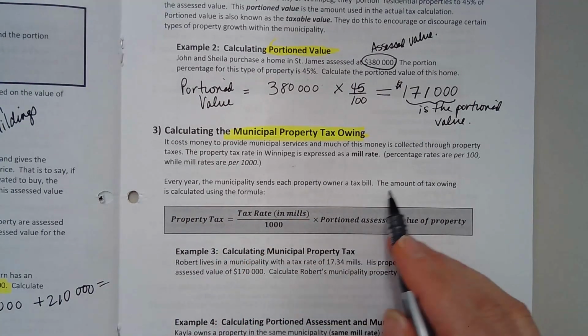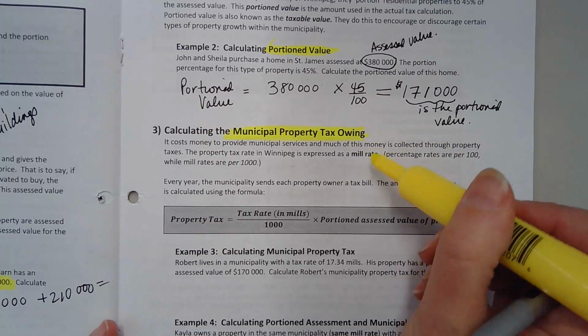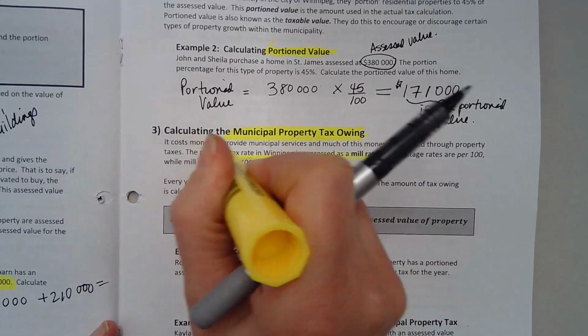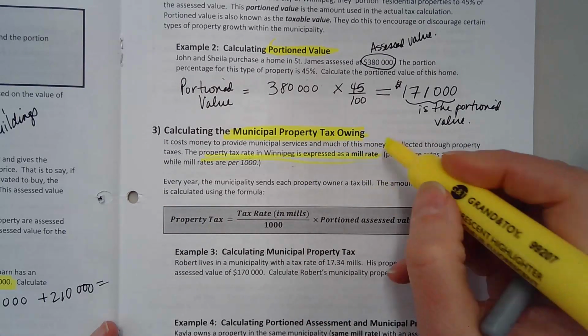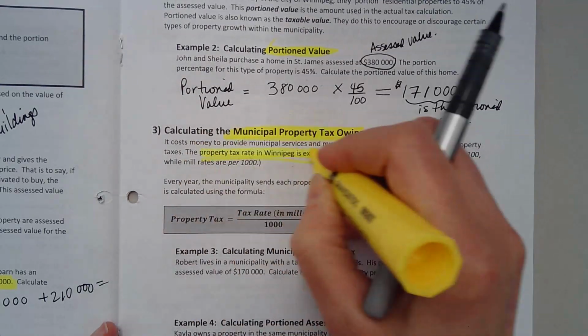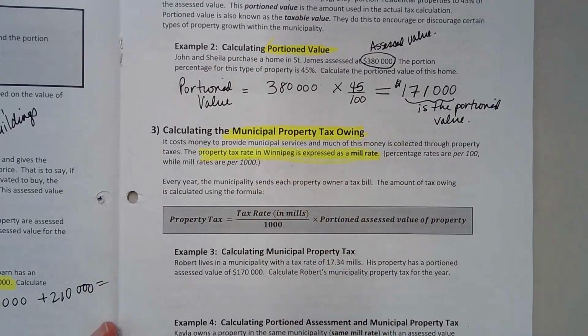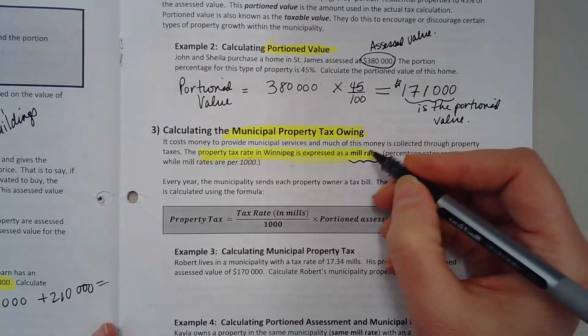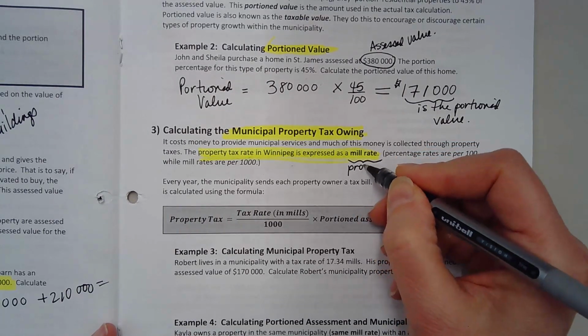Now, the property tax rate in Winnipeg is known as a mill rate. That's another weird term to use. This is actually what most cities call their city tax, the mill rate. It's just another name for property tax rate.